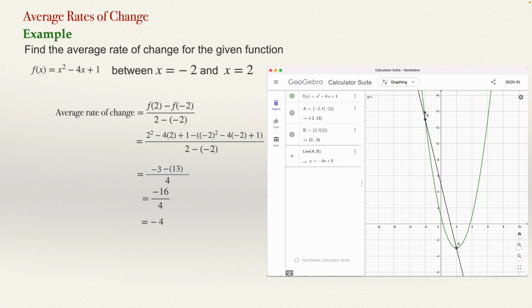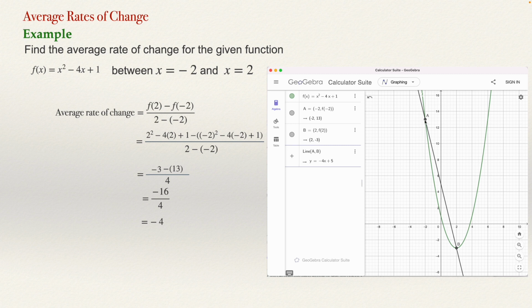But you notice that this line is changing 4 units per unit change of x on average. And you notice here that there was a 4 unit change in x, and in these 4 units there was a 16 unit change in the value of y, in the value of f of x.